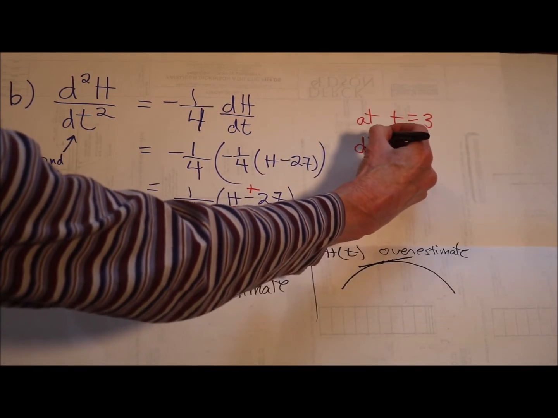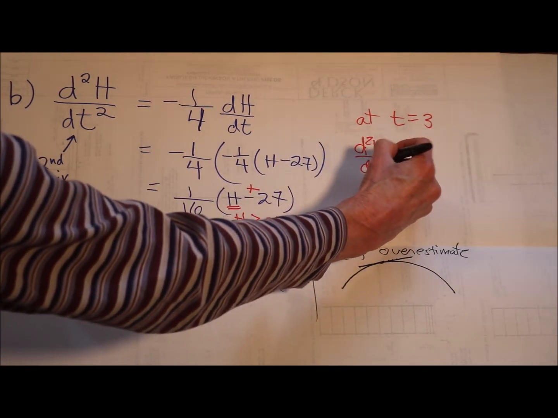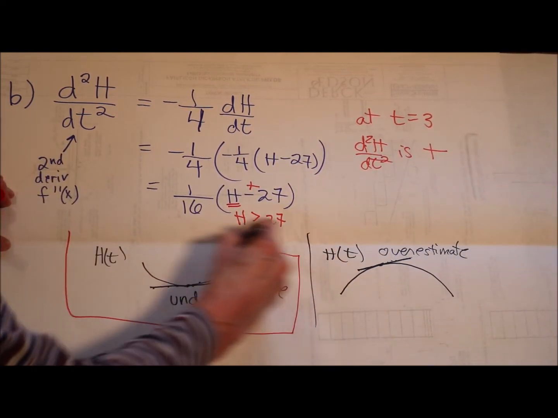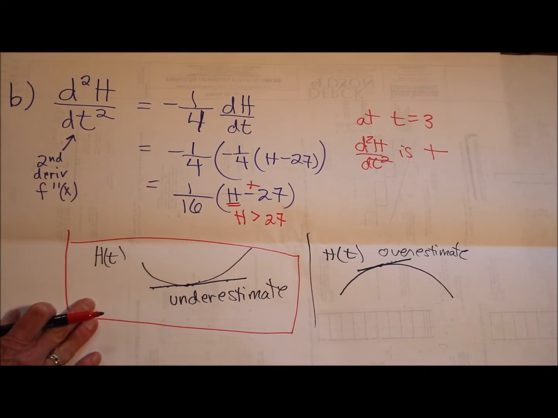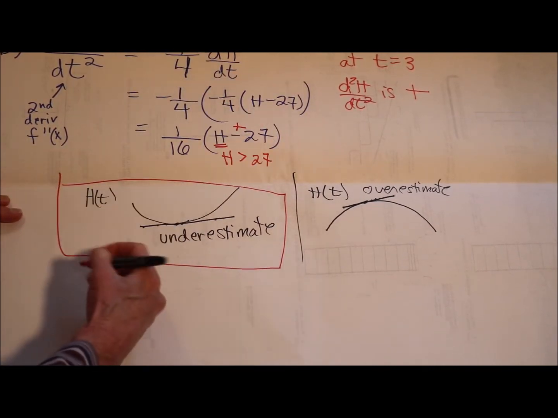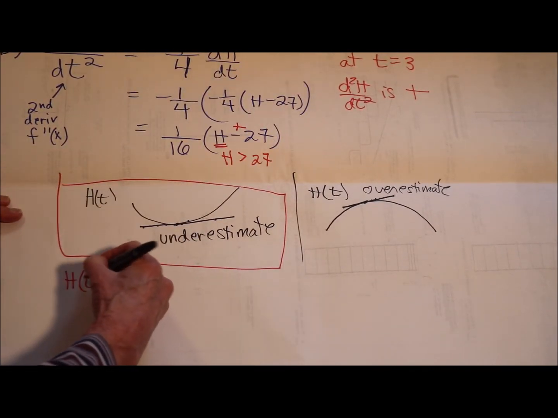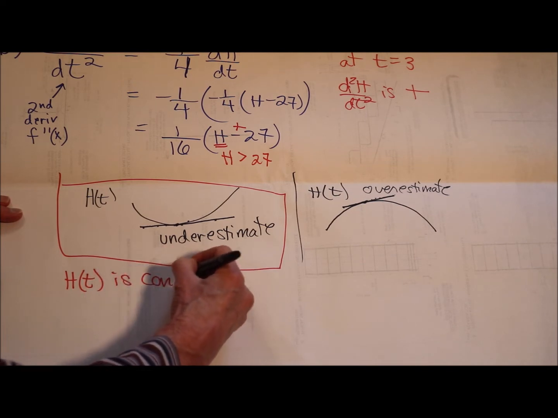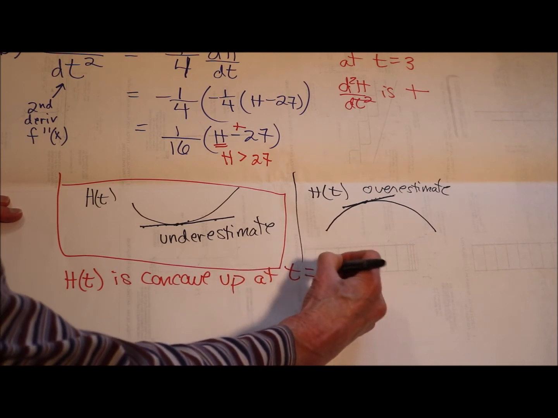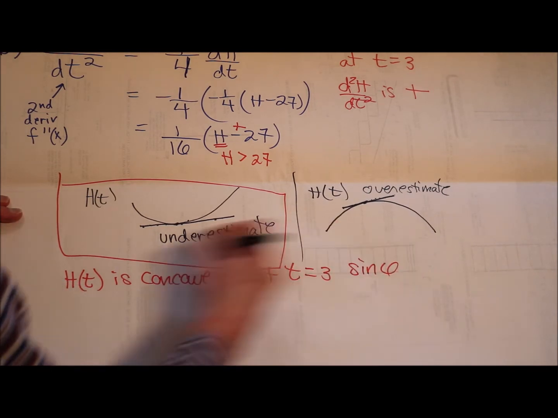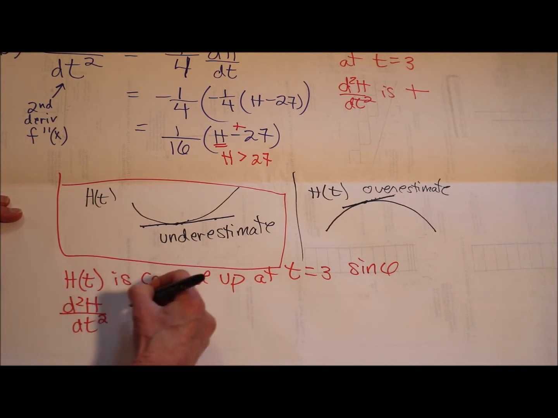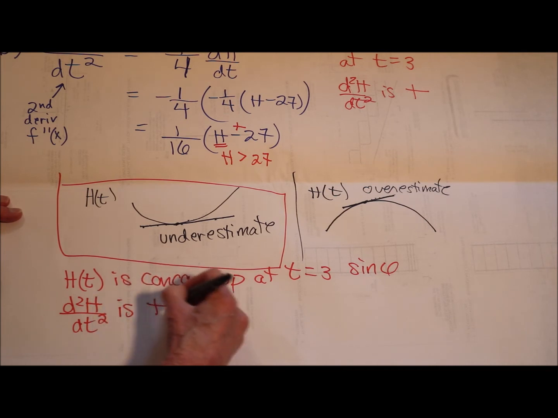So my second derivative is positive, which means h of t is concave up. So all you would have to do is show all this work and say h of t is concave up at t equals 3, since d squared h over dt squared is positive.